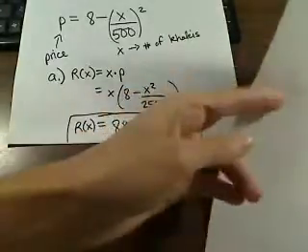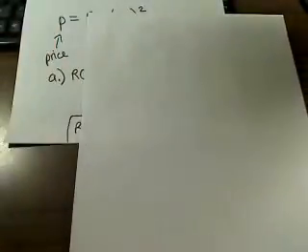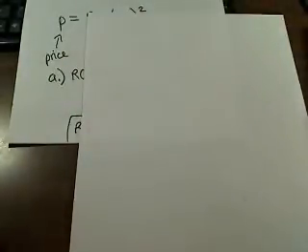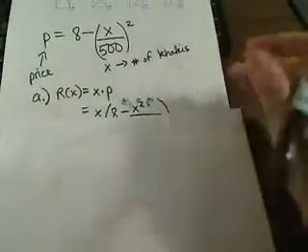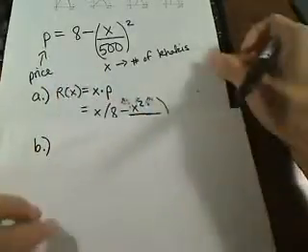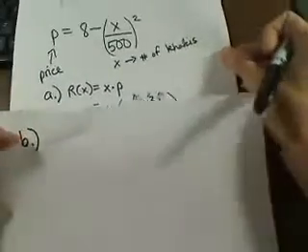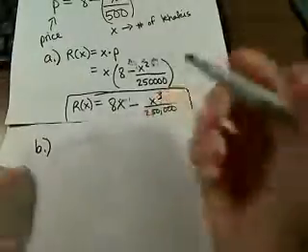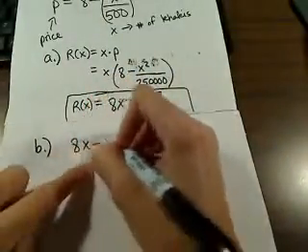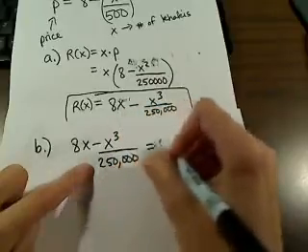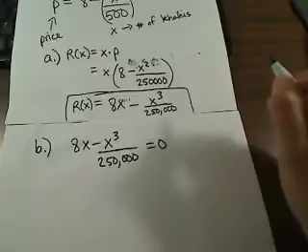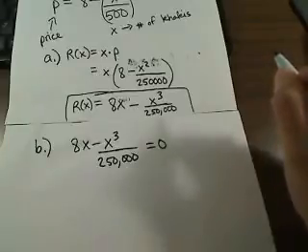So for part B, what we need to do is find the zeros for this function. Anyway, here's our R of x, and we need to set it to 0 and solve, first of all just to find the zeros, because we're trying to find the domain of the non-negative function.